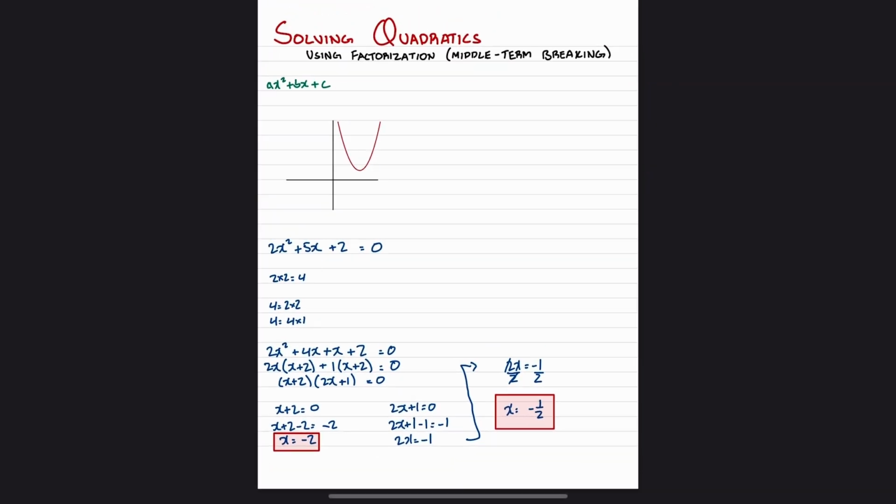So let's do a couple more examples on this. So another question is 3 times the bracket x squared minus 2 equals minus 17x.